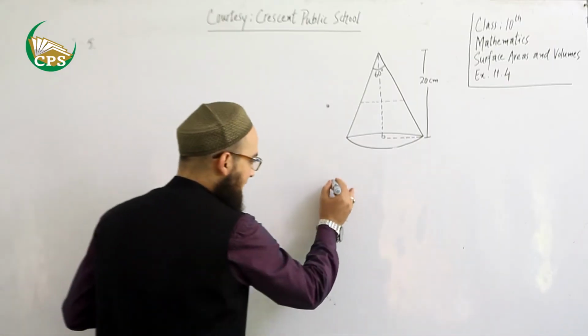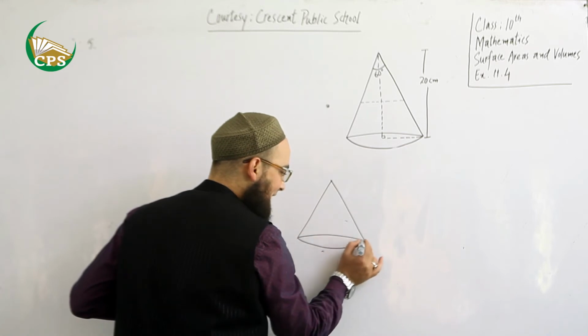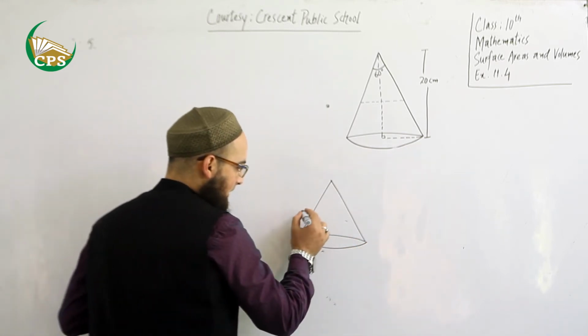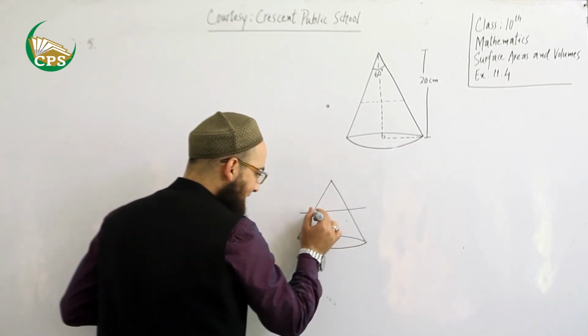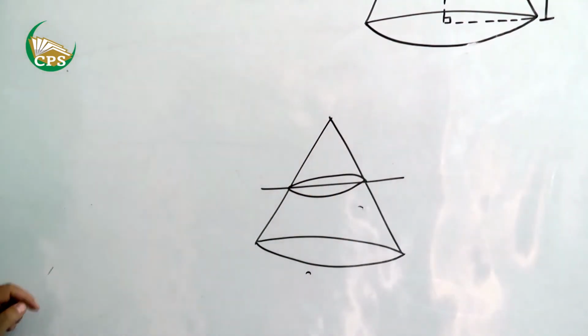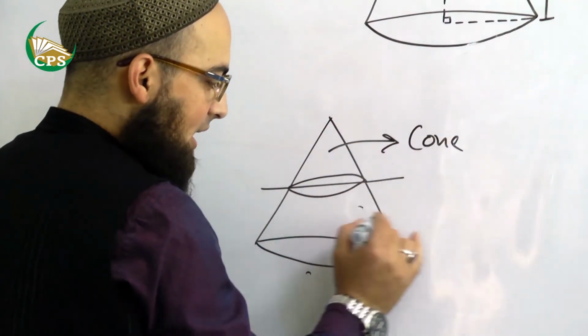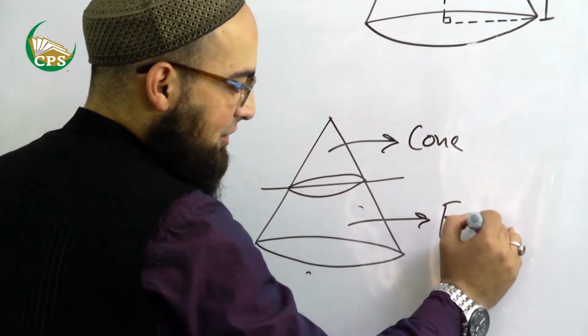Now understand one thing, when a cone is being cut, there exists a formation of two solids. One solid is still a cone and another one is a frustum.